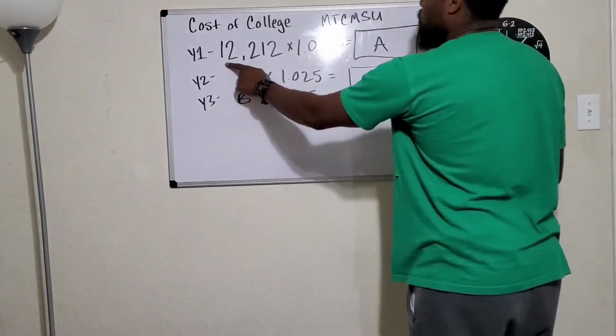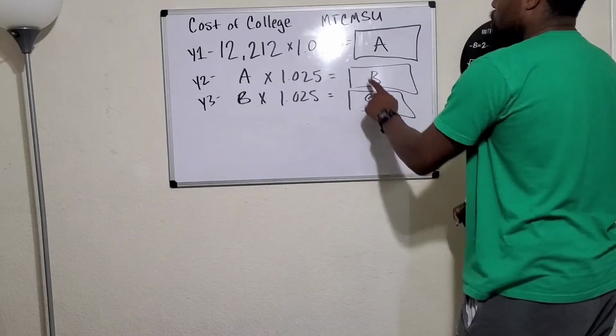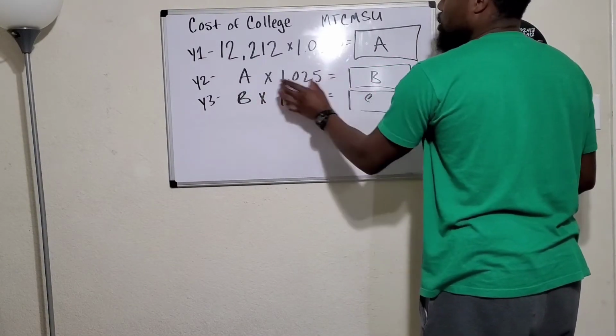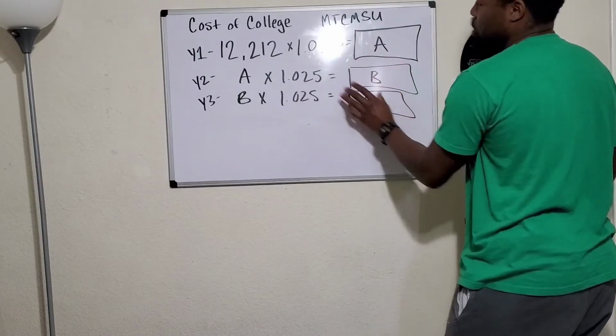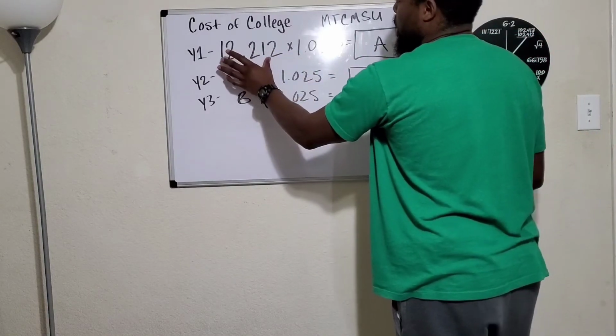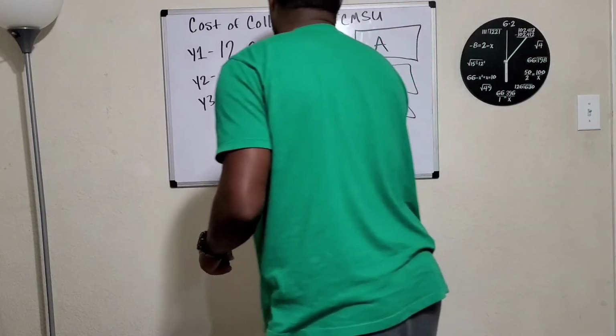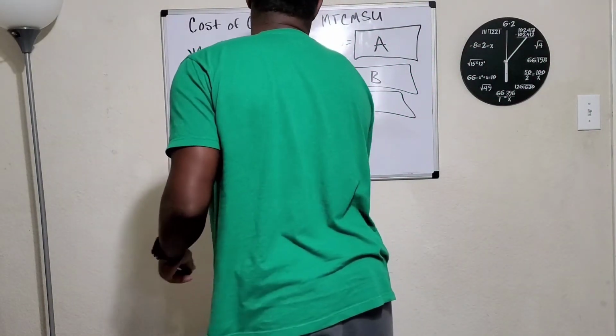So now you have year 1, year 2, year 3, year 4, and you're going to add A, B, and C. You're going to add year 1, A, B, and C together to get your total cost.